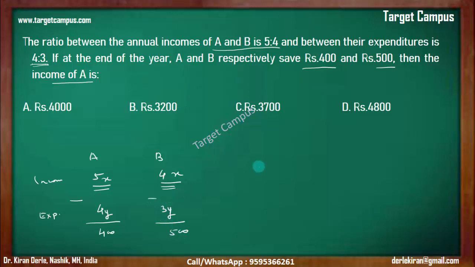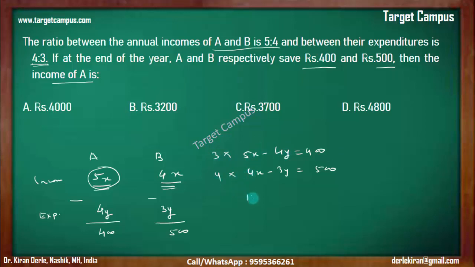So this becomes pretty much simple now. We get two equations here. 5x minus 4y is equal to 400 and 4x minus 3y is equal to 500. What is asked? The income of A. So we are asked to calculate x, right? So we'll cancel out y here. We'll multiply this by 3 and this by 4.